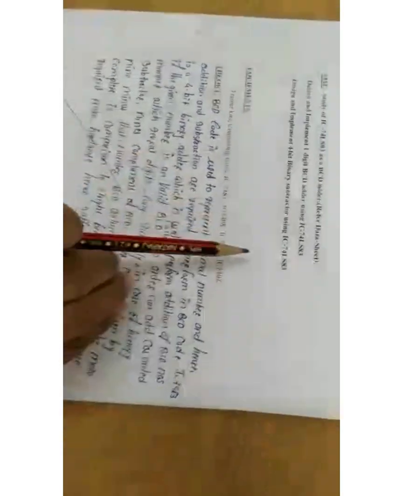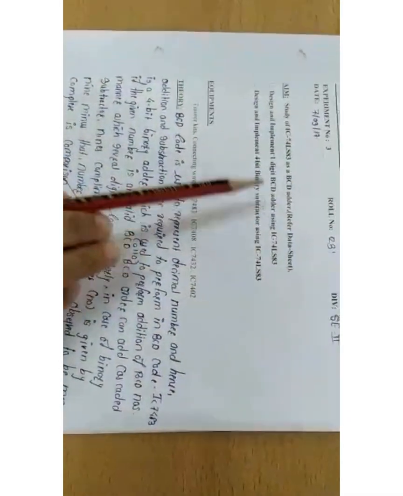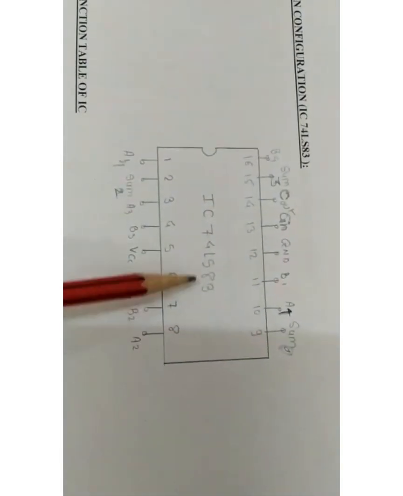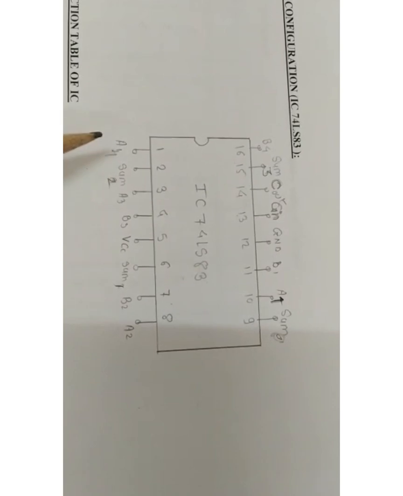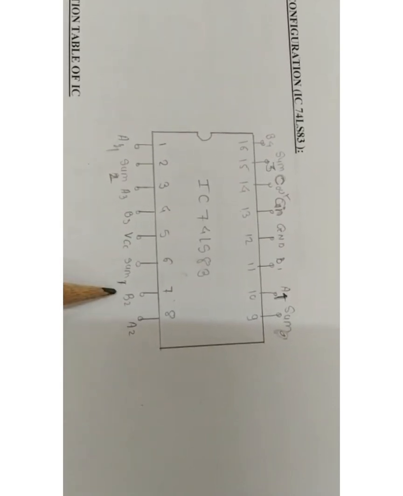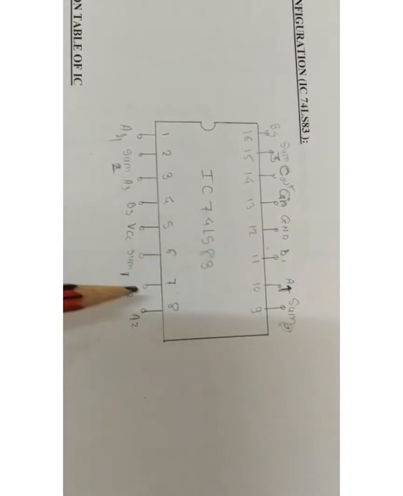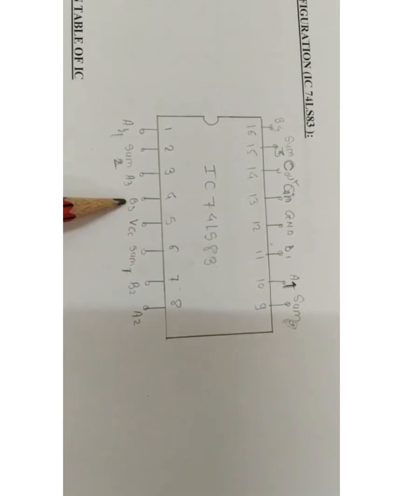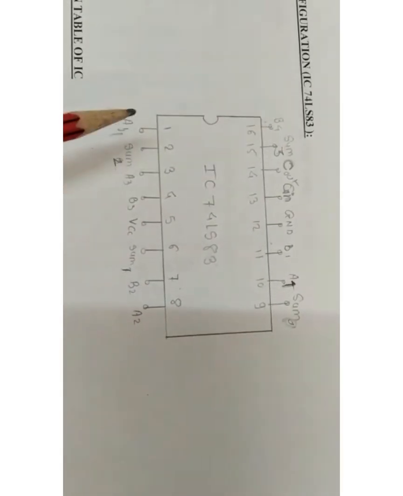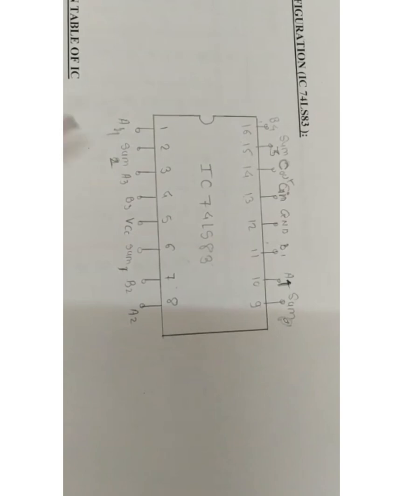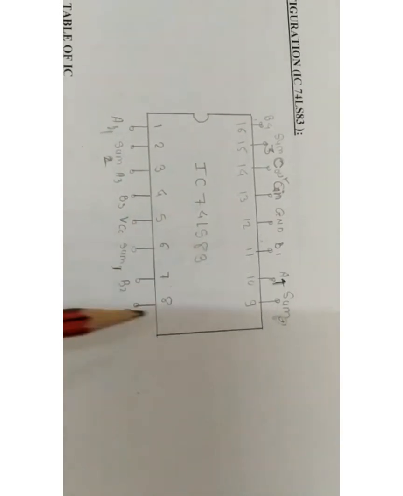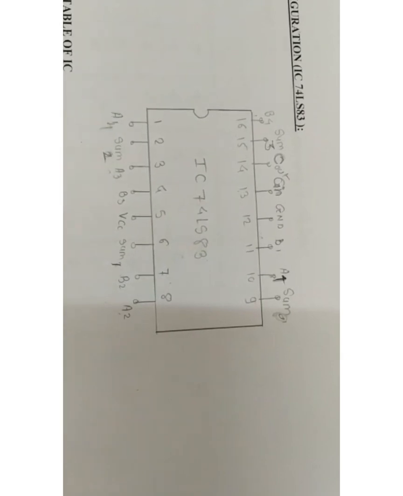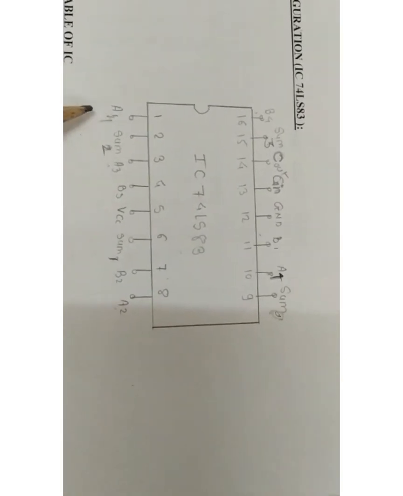Okay, so first we will implement the one digit BCD adder. So this is the IC diagram of this 7483. In that we are using B0, B1, B2, B3 and B4 as the inputs for the B set, and A0, A1, A2, A3 and A4 are the 4 bits for the A set.